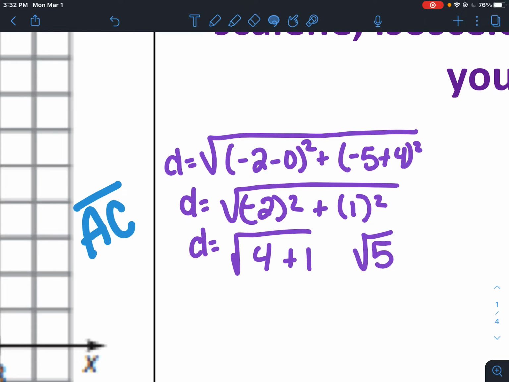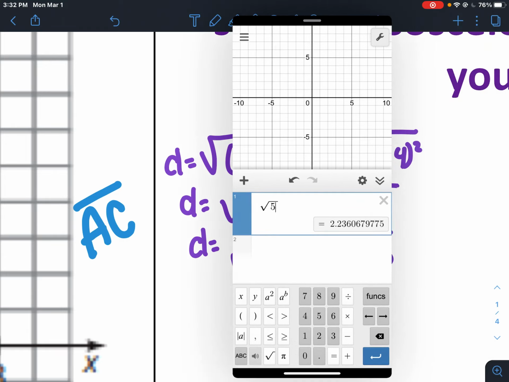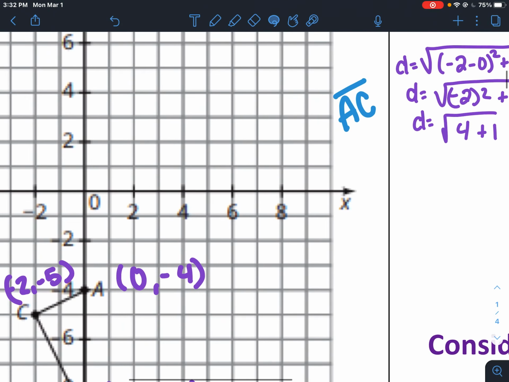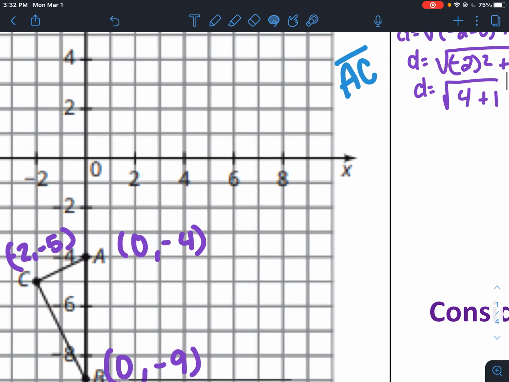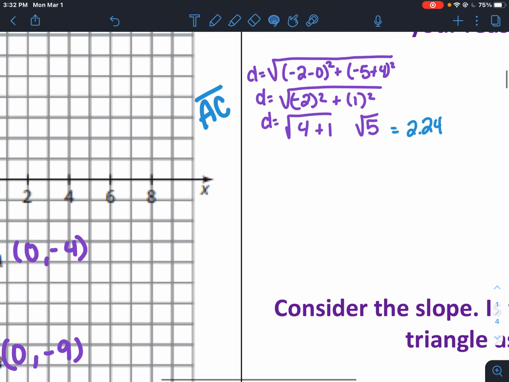Now we have 4 plus 1, which is the square root of 5. And now you can go to Desmos. We'll hit square root 5, and it'll give us a decimal. That is the side length. That means that this side length, let's say we're talking about inches, this side length of AC is 2.24 inches long.